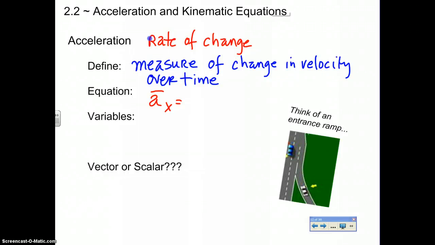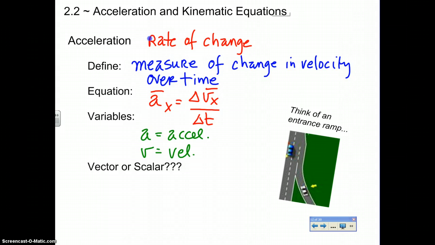So the average acceleration of an object moving left or right on a number line in one dimension is going to be a change in its average velocity over time. So again, in this instance, we have A for acceleration, V for velocity, and T for time.